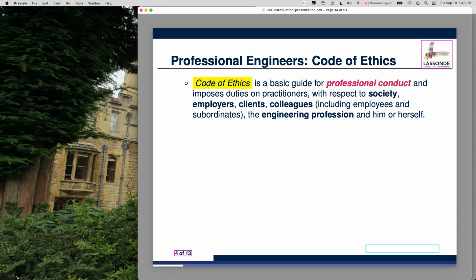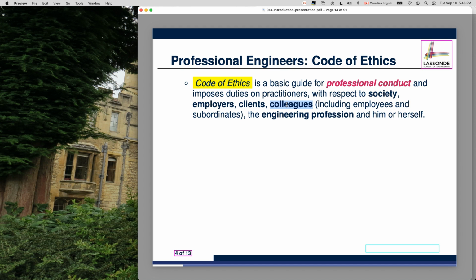And I want to mention just one idea over here about code of ethics, which means when you are licensed as a professional engineer, what would be your responsibility? I'll just give you some idea over here. So what would be considered as professional conduct such that it will cause no harm to the society, your employers, your clients, and your colleagues, etc. They give you some list.